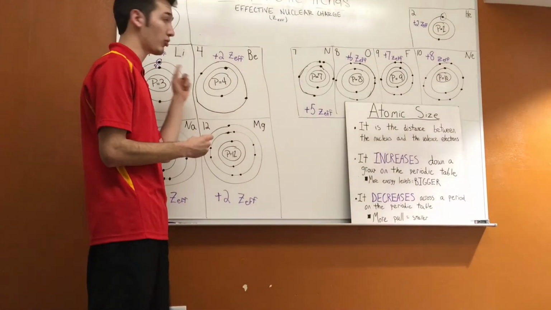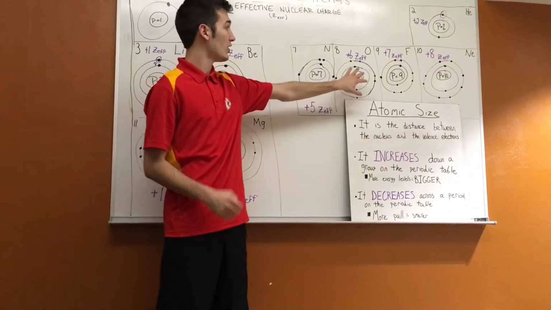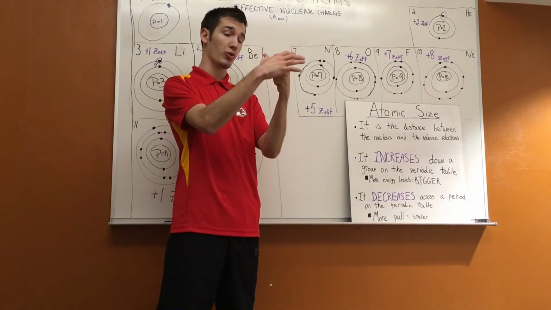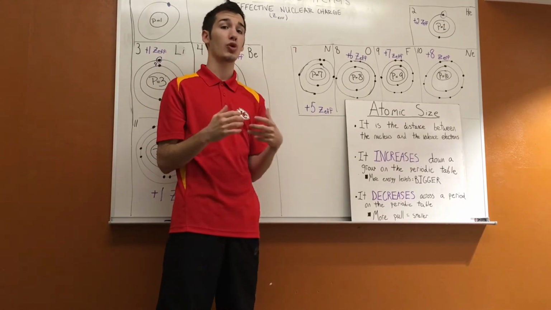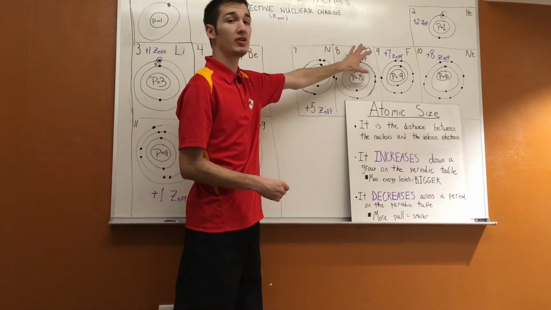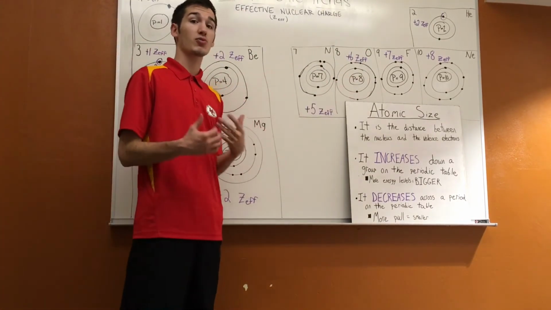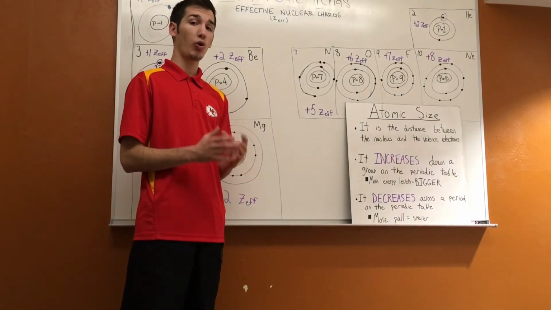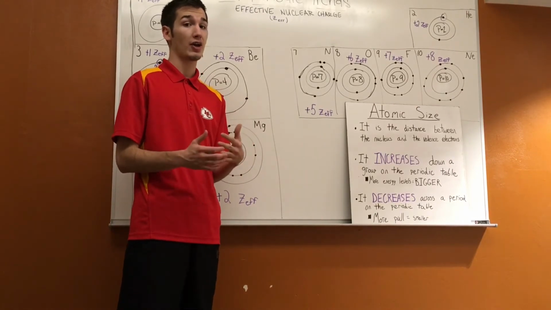Lithium has +1, oxygen has +6. Oxygen's protons are pulling more on the electrons, so the electrons get closer and closer to the nucleus, giving a smaller atomic size. So if I ask you to compare oxygen and lithium, we know that oxygen has a smaller atomic radius because its protons are pulling more on its electrons, making the atom smaller.